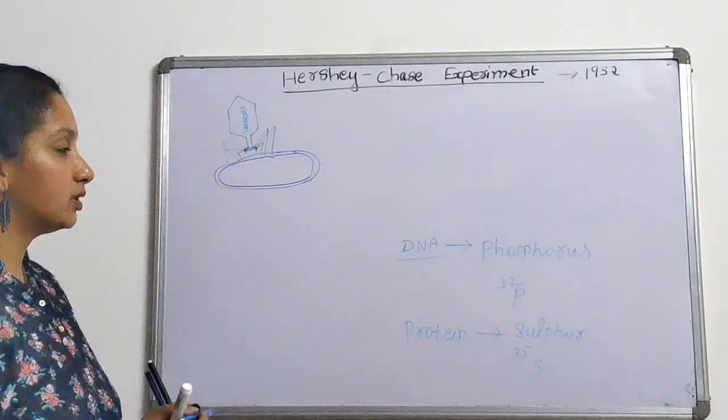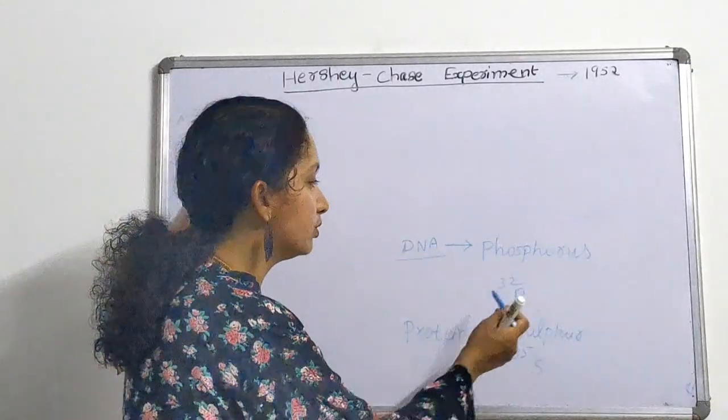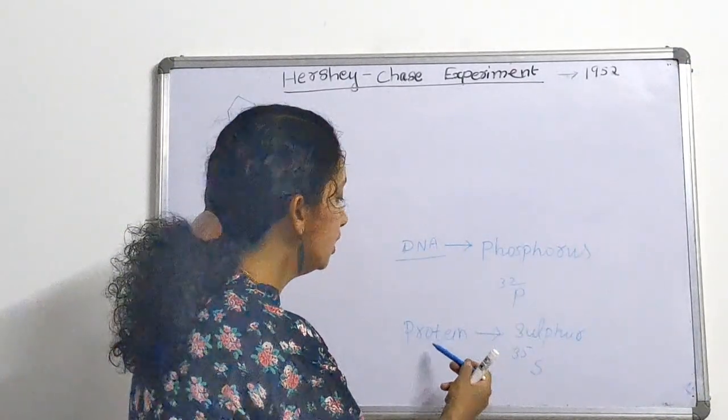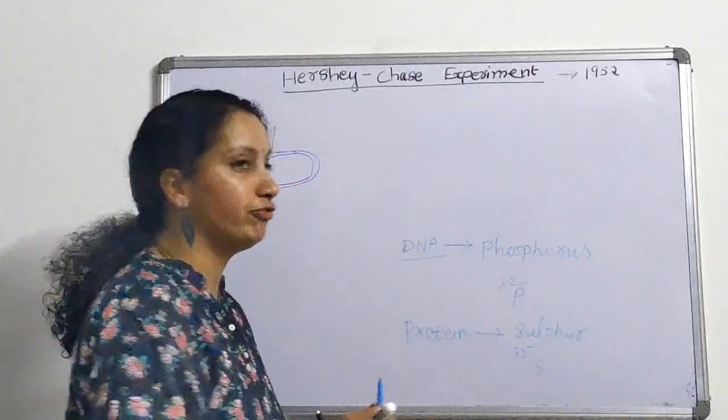So these are the compositions of DNA and protein. DNA contains phosphorus 32. Protein contains sulfur 35.